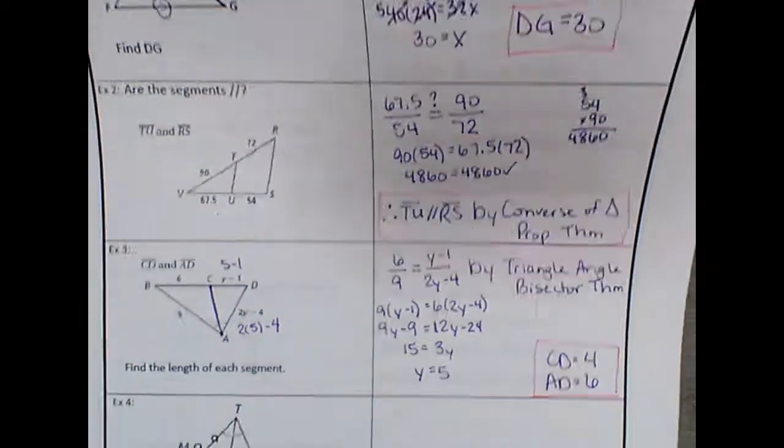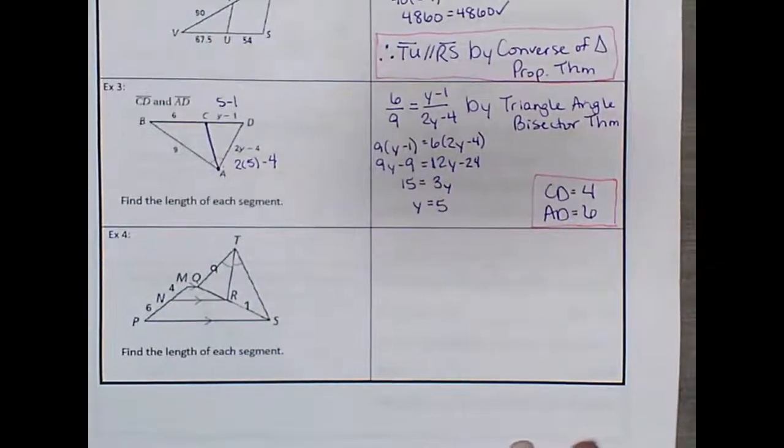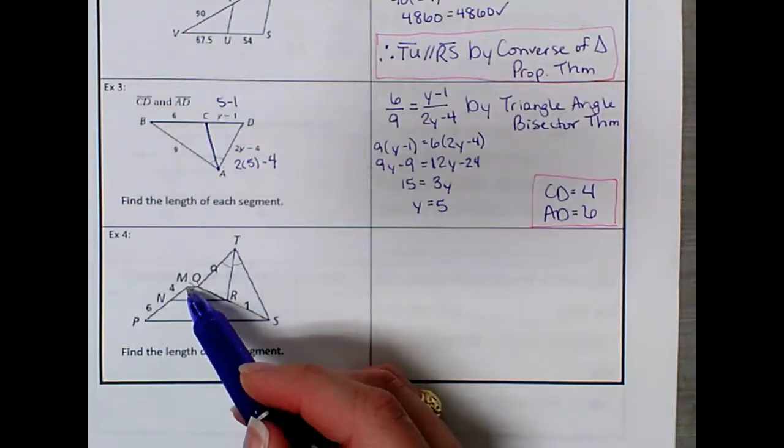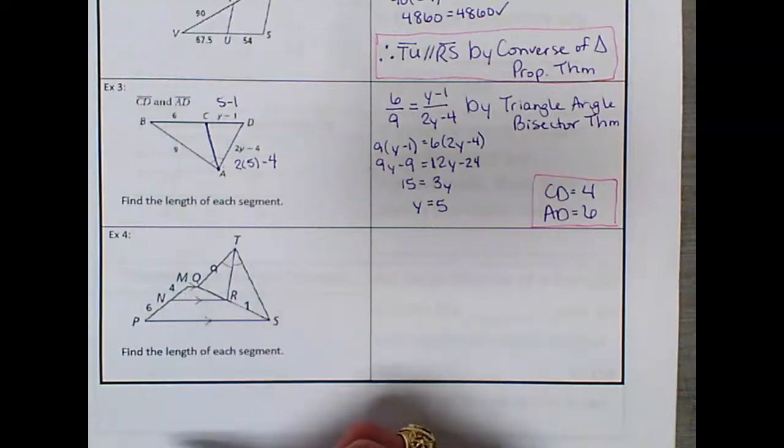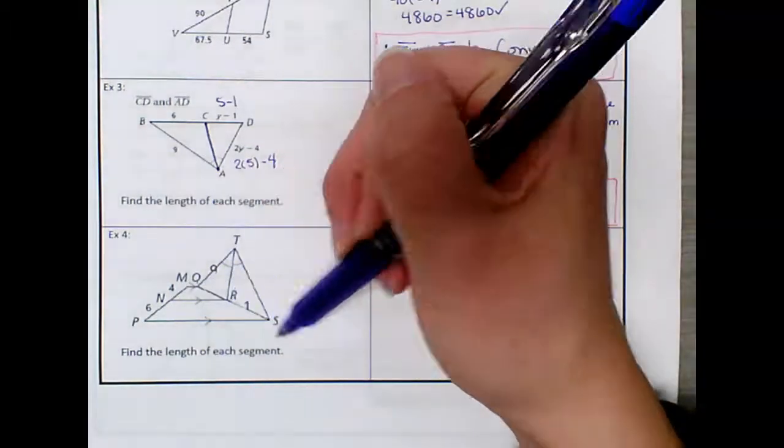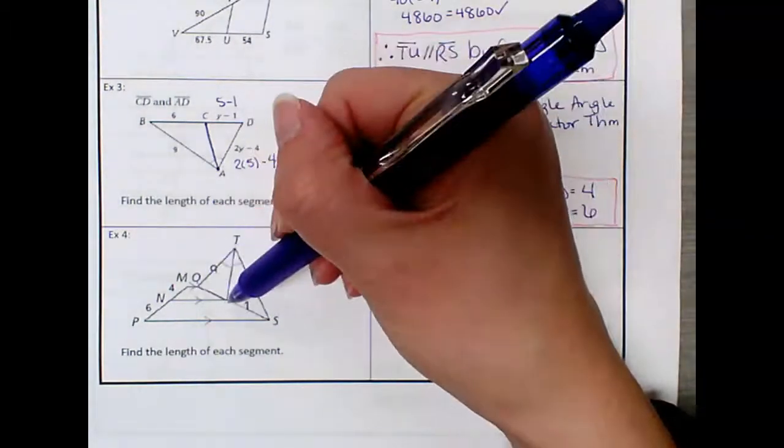And then finally, we have example 4, which asks you to find the length of each segment. And so the segments that we have are MN and NP, and we have RS. We don't have QR.